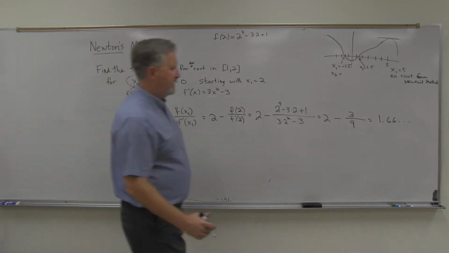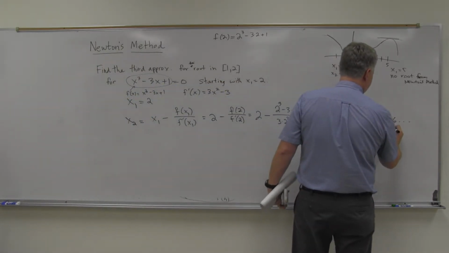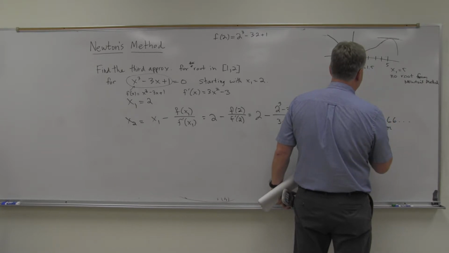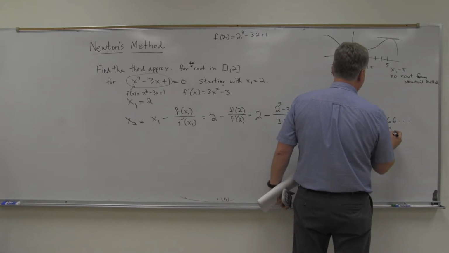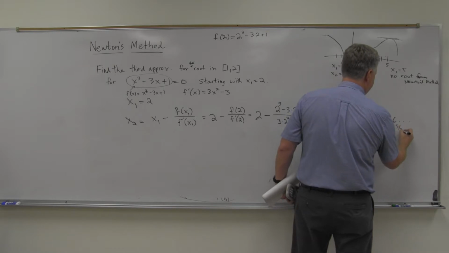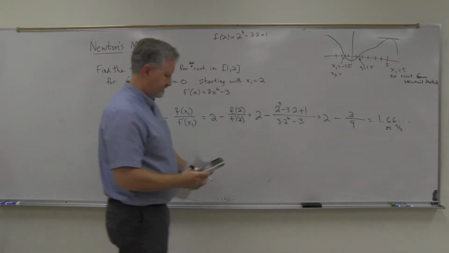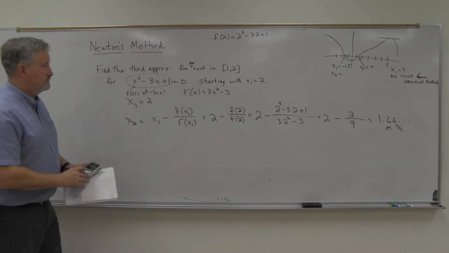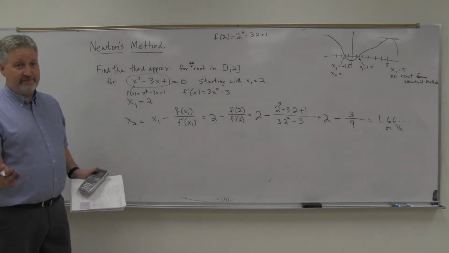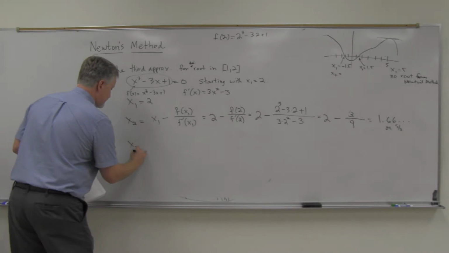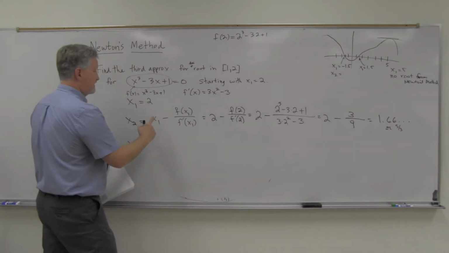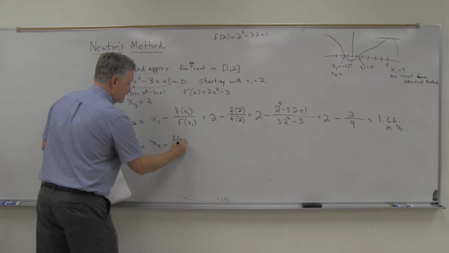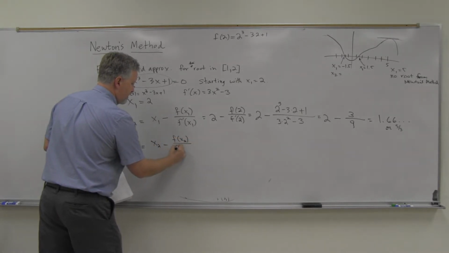Since we're doing it by hand, it may be better to write it as a fraction: 2 minus a third is 5/3. Okay. Well, it wanted the third approximation, so that's the second approximation. The third approximation, x3, is x2 minus f of x2 divided by f prime of x2.